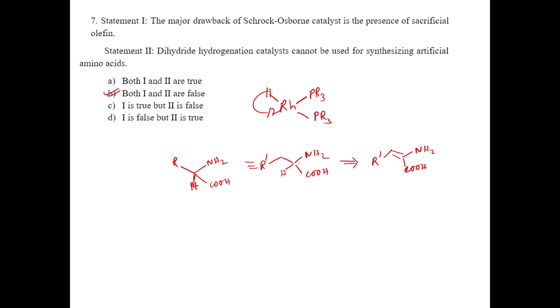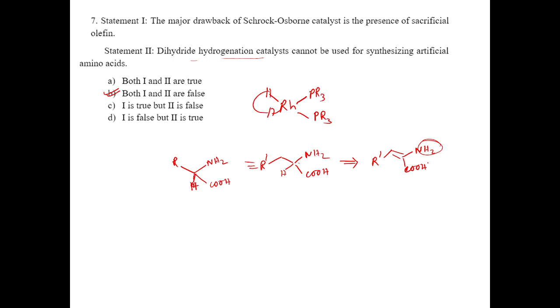If you do the hydrogenation reaction over here, you will get either D or L. For this, this type of hydrogenation catalyst is used. Obviously you have to take the protected one over here; you have to protect the amino acid and do all these things. But you can get the stereoselective product through this process.